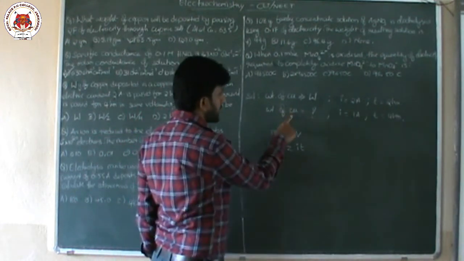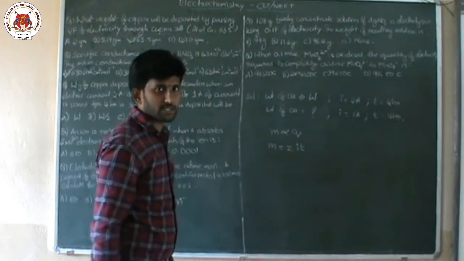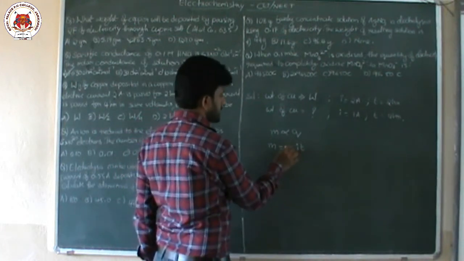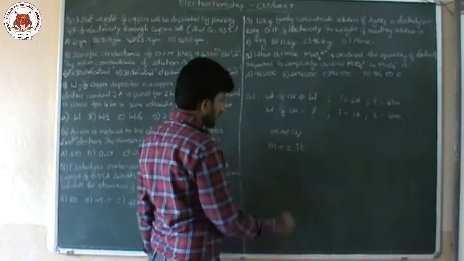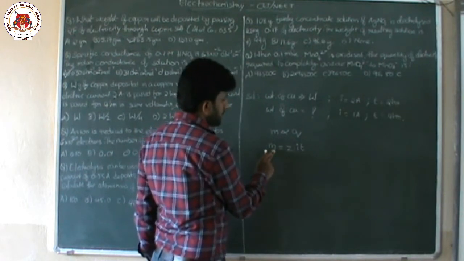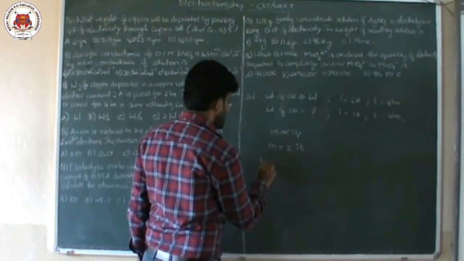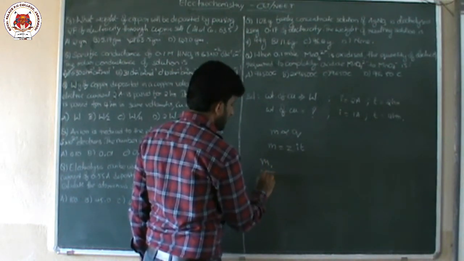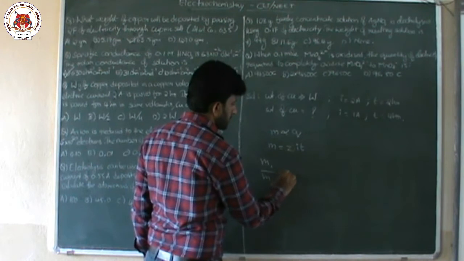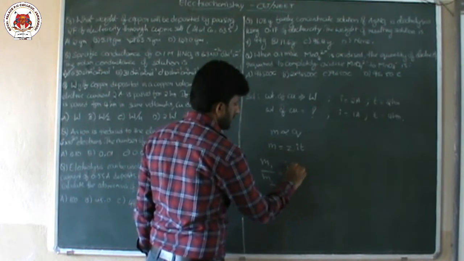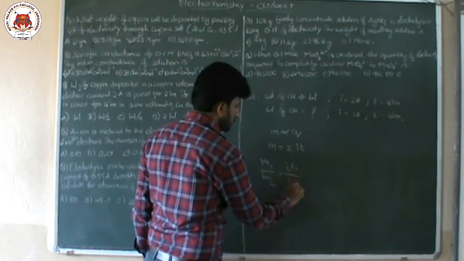For a given metal, Z is constant. Then what can I say? M is directly proportional to current into time. That means I can write M1 by M2 is equal to I1 T1 by I2 T2.